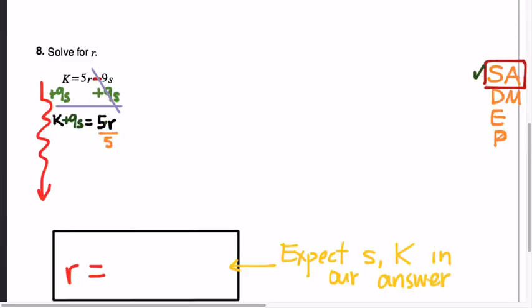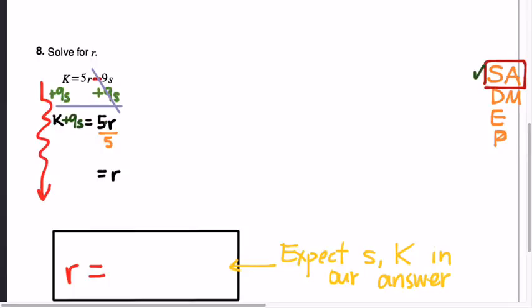Yeah. I want to get the r by itself, so let's divide by the 5. If I divide by the 5 on the right-hand side, then the r is going to be alone, which is exactly what we want, which means that whatever we write here is going to be our final answer. So what do I need to do on the left-hand side? If I'm dividing by 5 on the right, divide by 5 on the left.